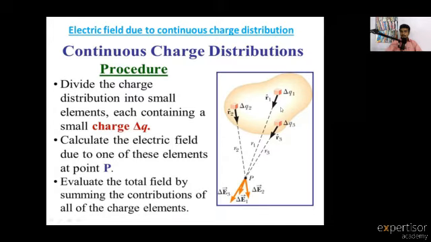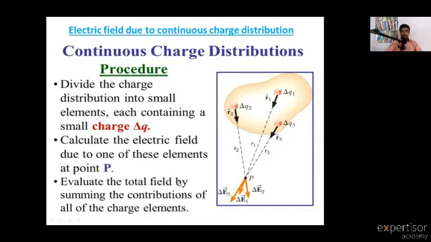Before calculating that, you have to separate or minimize the different charges, that is delta q1, delta q2, delta q3. That is the first point. Next, calculate the electric field due to one of these elements at point P. At point P, there are three different electric fields because of q1, q2, q3.